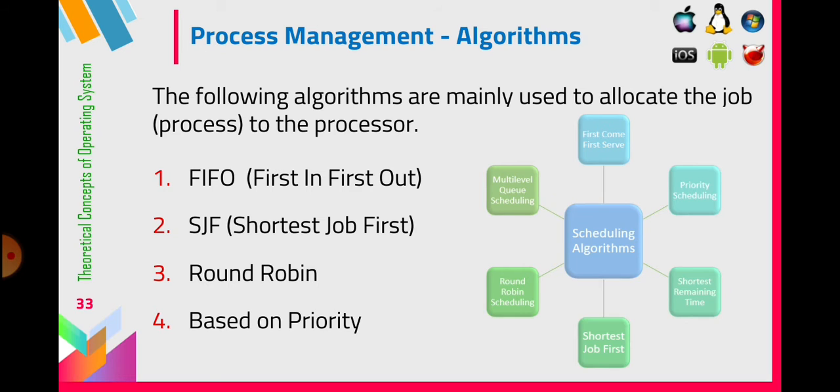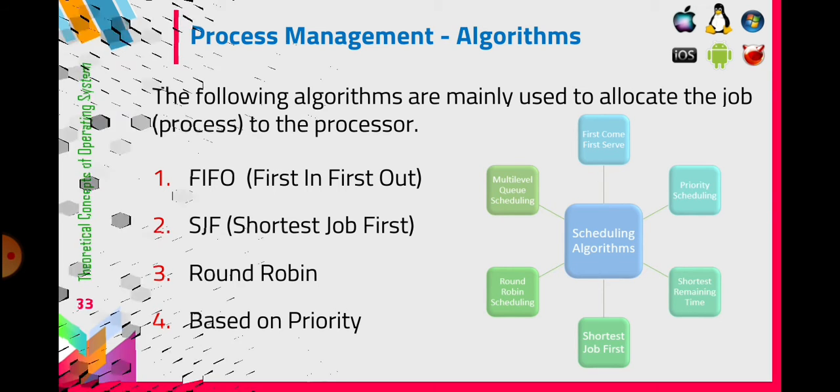These four algorithms are used for scheduling purposes. What is the expansion of FIFO? First in first out, or you can also say first come first serve. Then SJF, shortest job first, then round robin, and priority based.